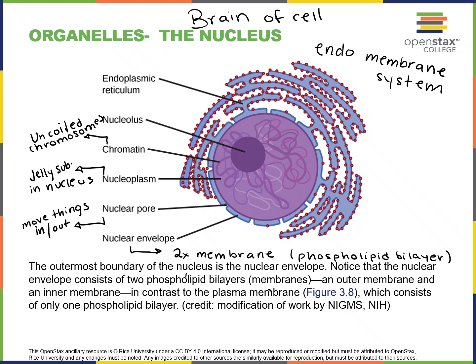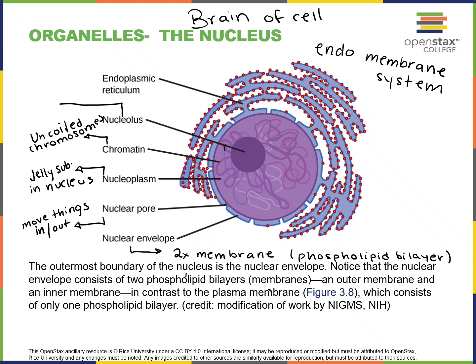And you usually only see those fully formed chromosomes right before the cell is about to divide, right before it's about to go through mitosis or meiosis. Okay. And then the last main part of the nucleus that we like to talk about is the nucleolus.